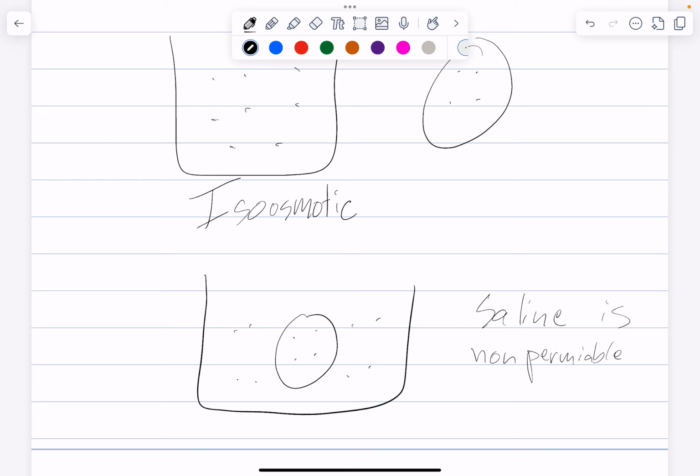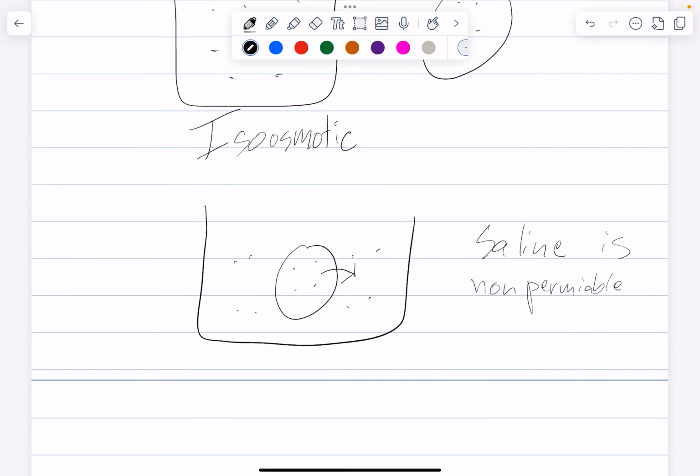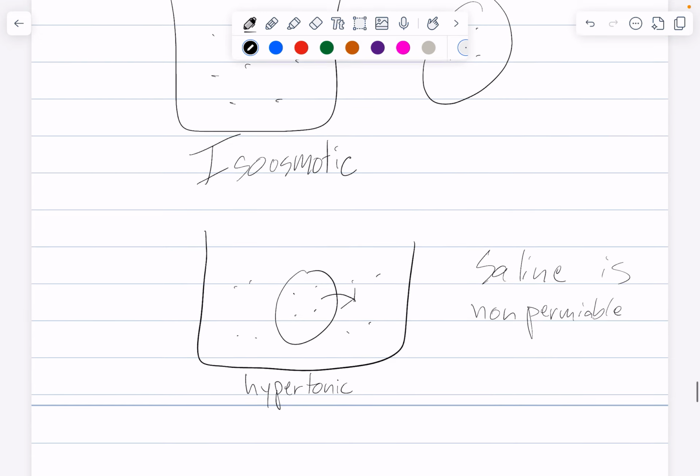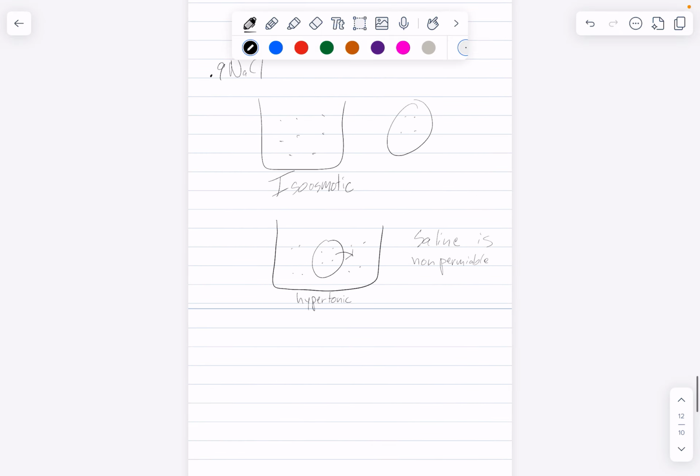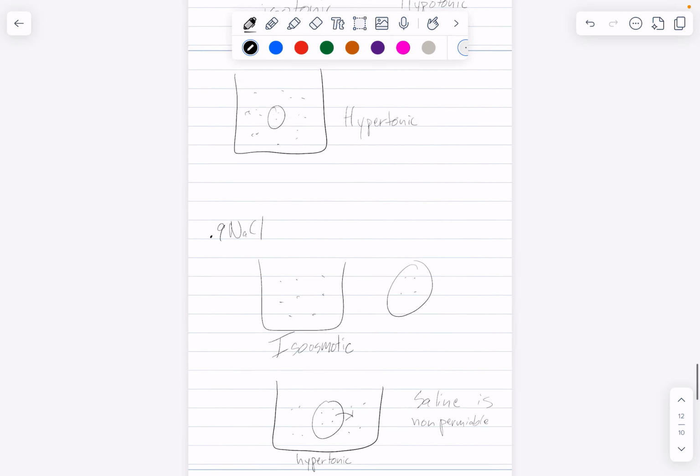And the water likes to party with all the other particles. So it's going to leave the cell, making it a hypertonic solution, yes, because it will make the cell shrink.